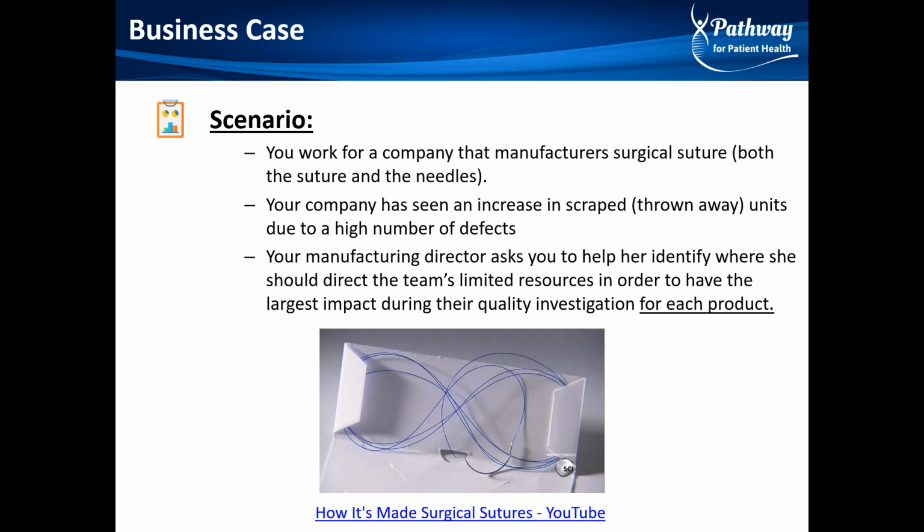Your company has seen an increase in scrapped or thrown away units due to a high number of defects, and your manufacturing director asks you to help her identify where she should direct the team's limited resources in order to have the largest impact during their quality investigation, and she wants that investigation to occur for each product.